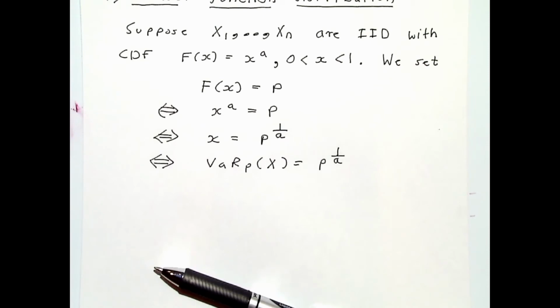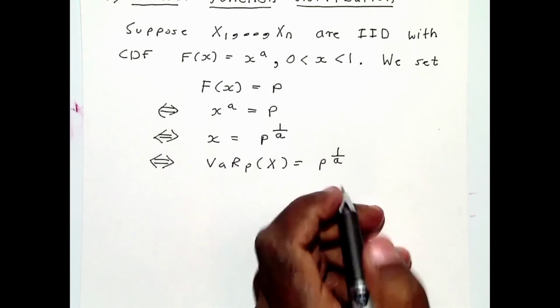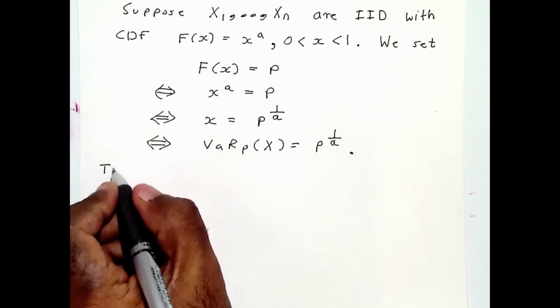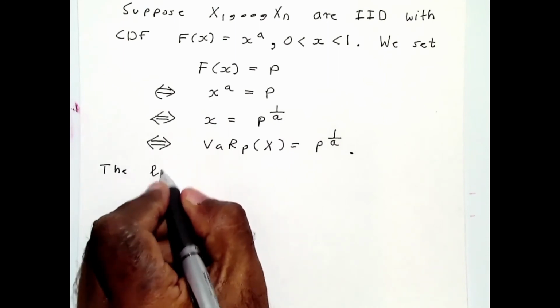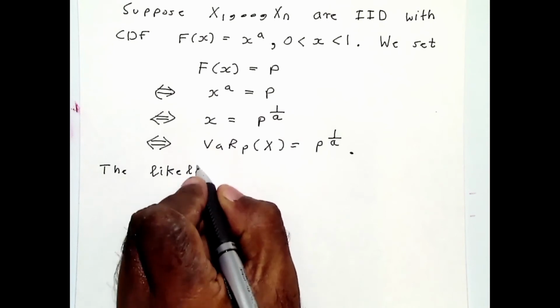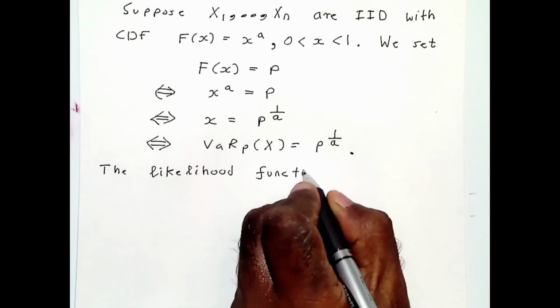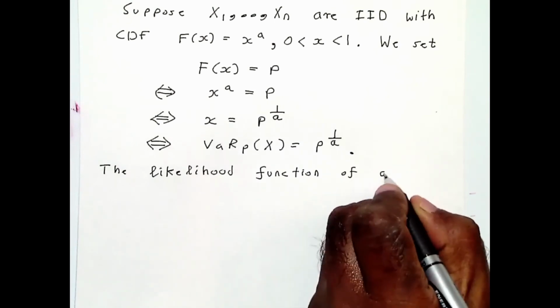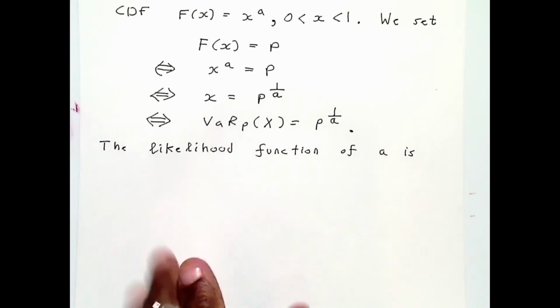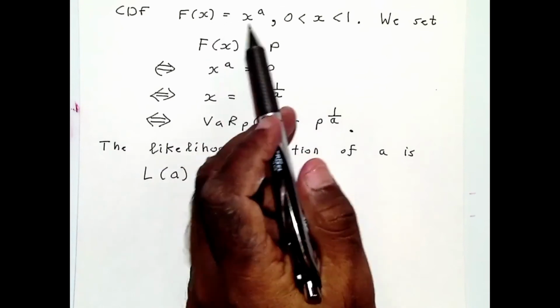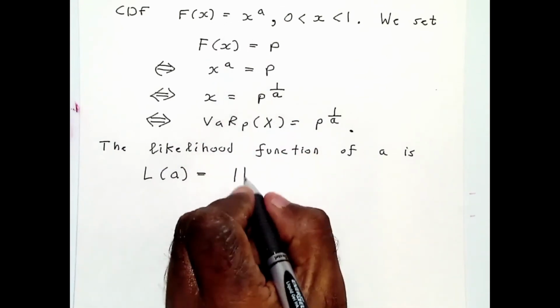I don't know whether you covered this distribution in the year 2 course. So let me show you briefly how to derive the MLE for a. The first thing you must do is to write down the likelihood function. The likelihood function, remember, is the product of the density function, but what you're given is the CDF.